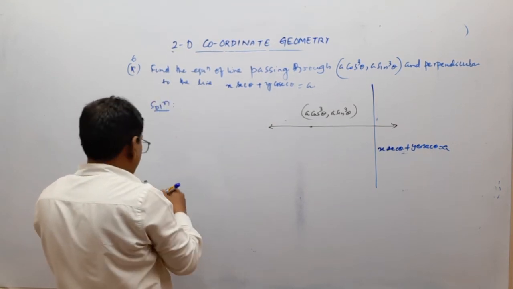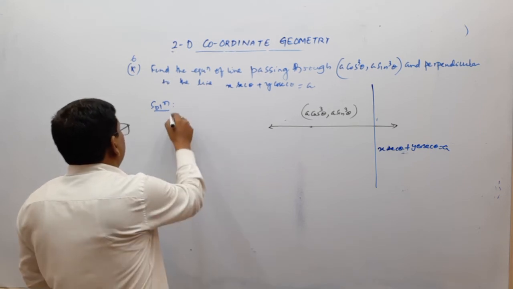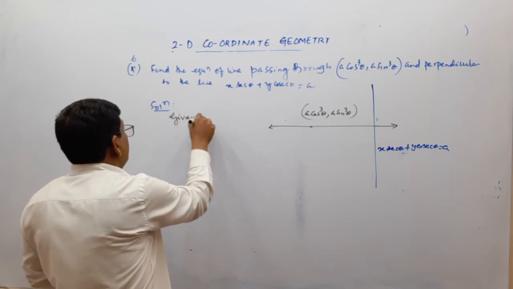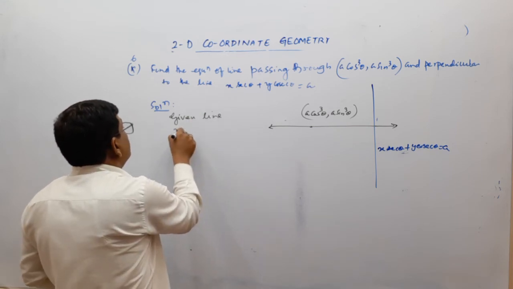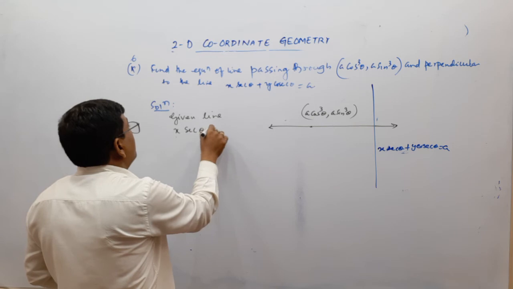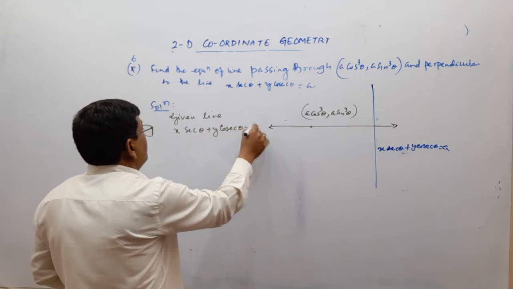Now the solution. Given line: x sec θ plus y cosec θ is equal to a.